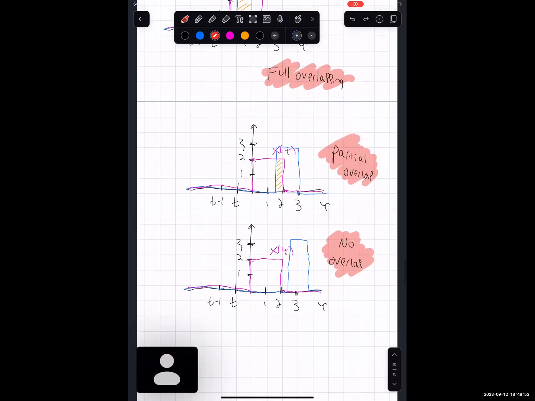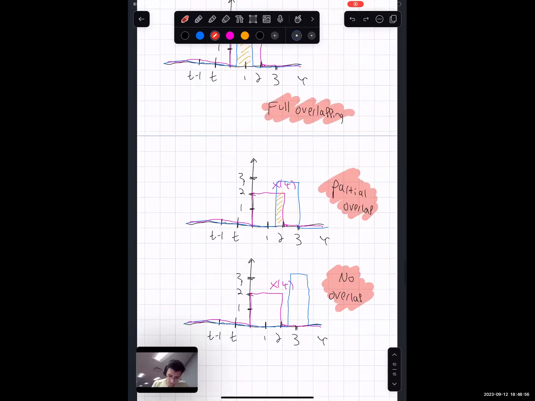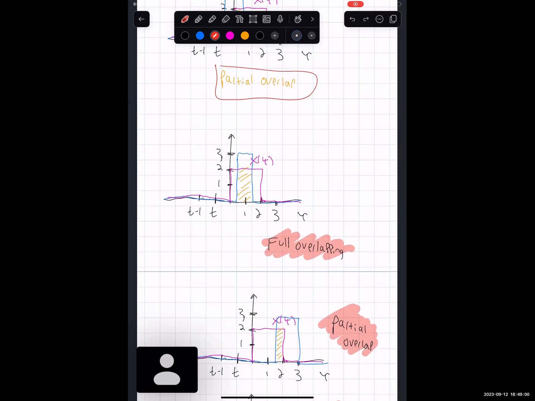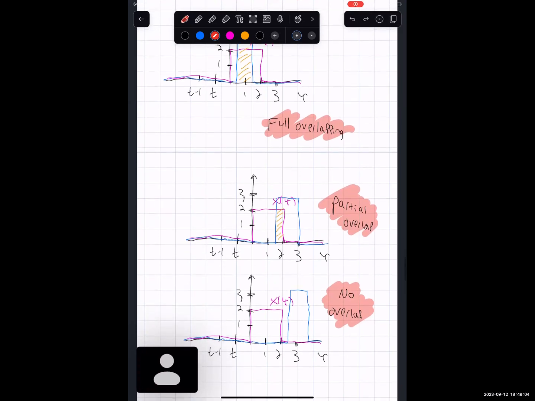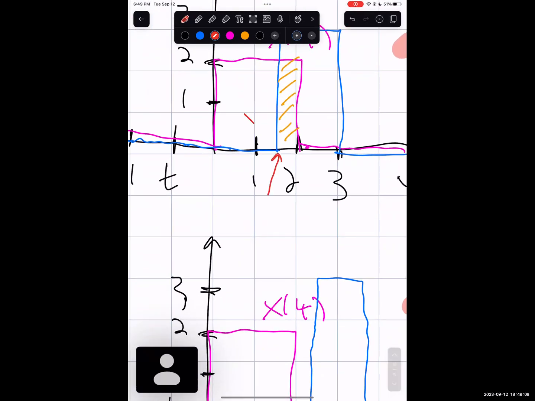Are you talking about the last part or the partial overlap? Yeah, why did we choose t minus 1 for this bound again? T minus 1 represents the left side of the block in your h of tau equation. So you're basically integrating from the left side of that block up until 2, which is where your x of tau function becomes 0.